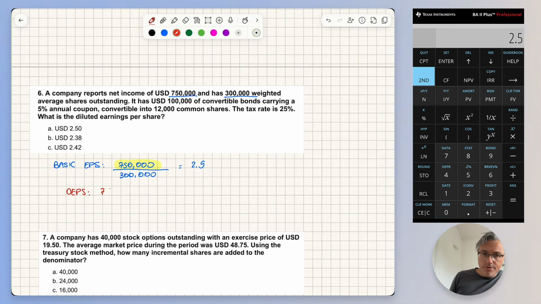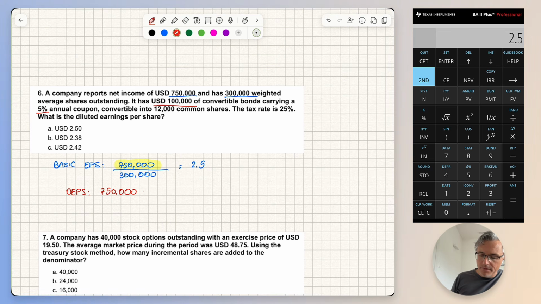Take the same 750,000 that we had before, and now, assuming the convertible bonds indeed convert into shares, the company will no longer be paying the interest. So the interest was 5% on, I guess this is the nominal value.